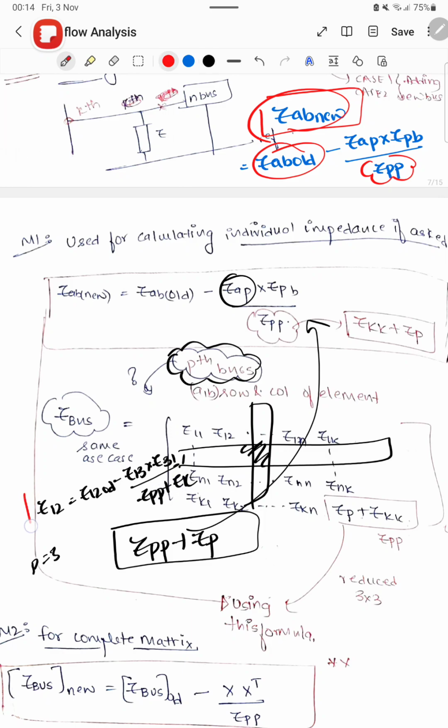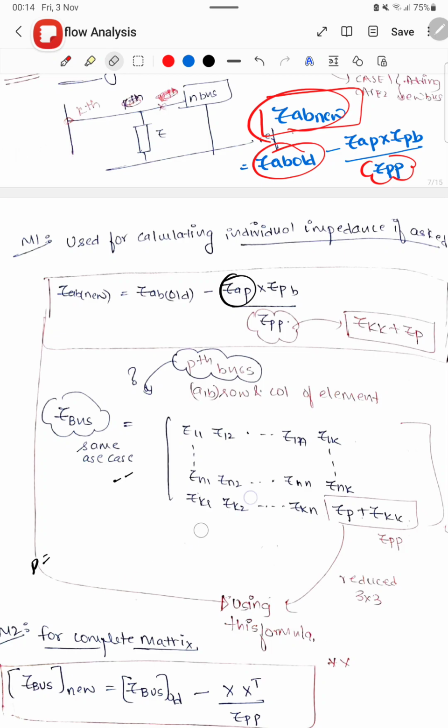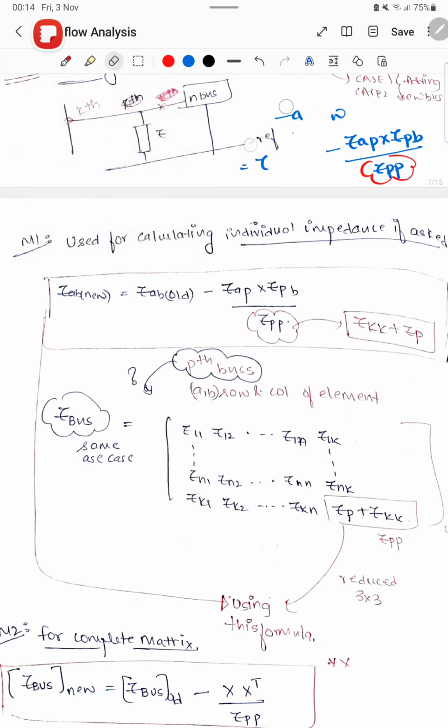Okay, this is the formula. So Zab new equals Zab old minus Zap into Zpb upon Zpp.